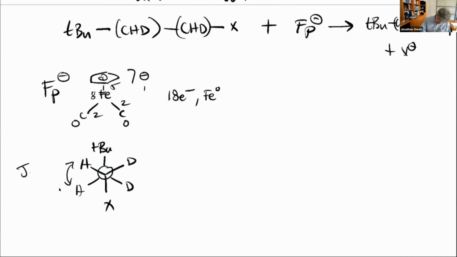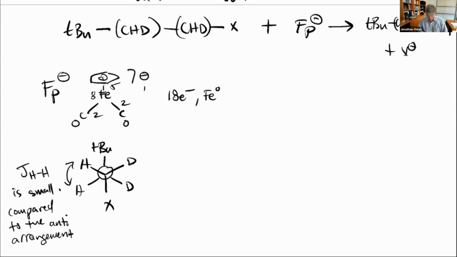So this hydrogen-hydrogen coupling constant is small. The hydrogen-hydrogen coupling constant along that ethylene group tells you about the relative position of the tert-butyl and the X.